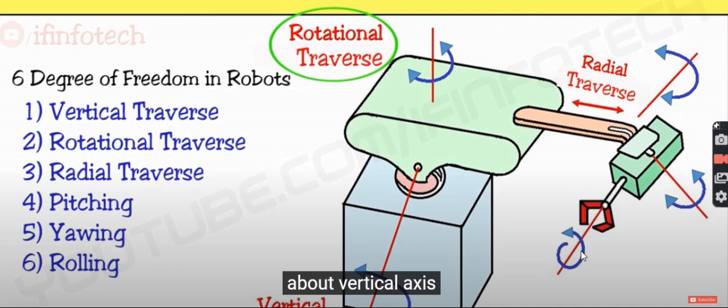Defining degrees of freedom is important for the robotic structure, otherwise it is difficult to manage the overall motion. The type of robot you select is also important. Whether you need a Cartesian robot, a polar robot, an articulated robot, or a robot for a different specific application, you define it based on the robotic structure.